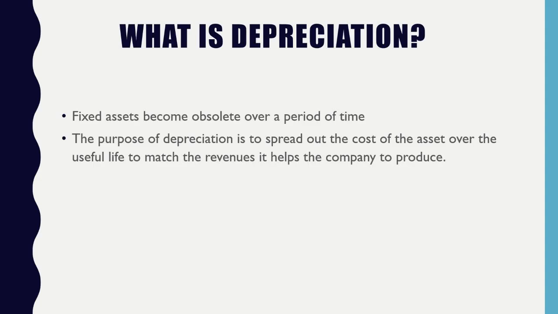So, what is depreciation? When it comes to understanding depreciation, it basically is a way for us to revalue our fixed assets, okay? So this is only geared towards fixed assets. So anything that's a type of machinery, right?